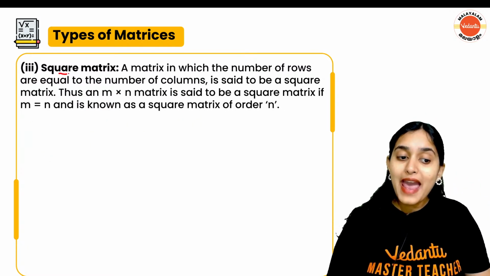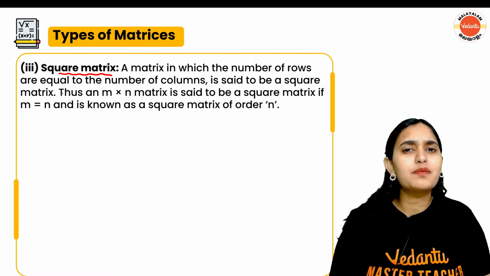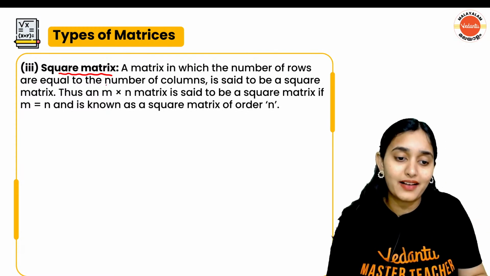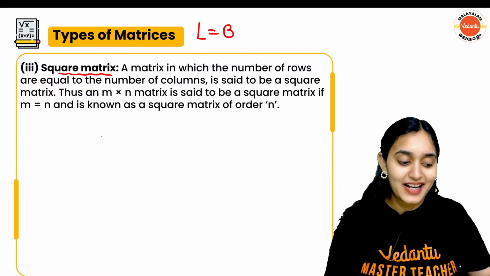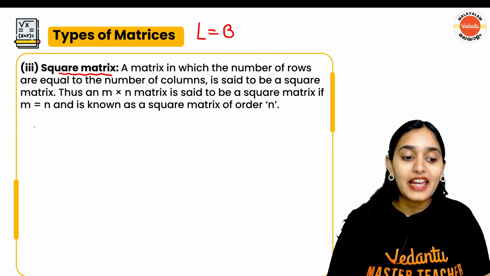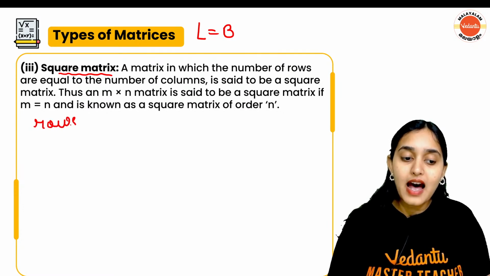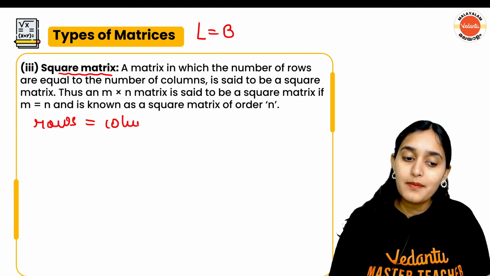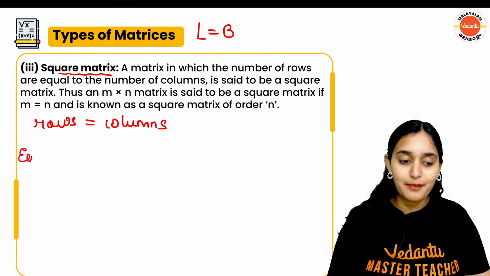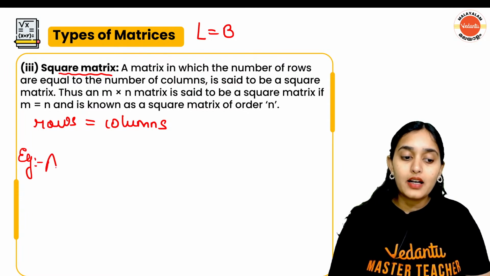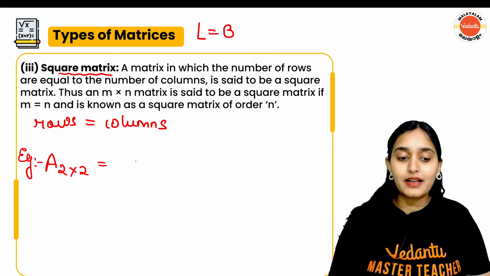Next, square matrix. How will you basically form a square? When the length is equal to breadth, it becomes a square. So similarly here, if rows are equal to columns, it will become a square matrix. Example, a 2 cross 2 matrix, right?